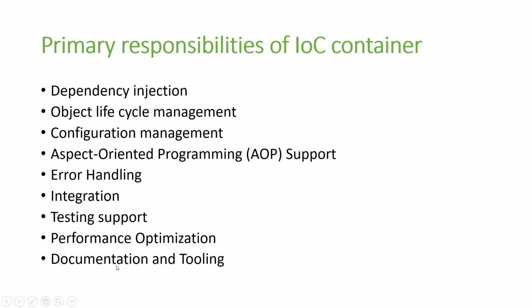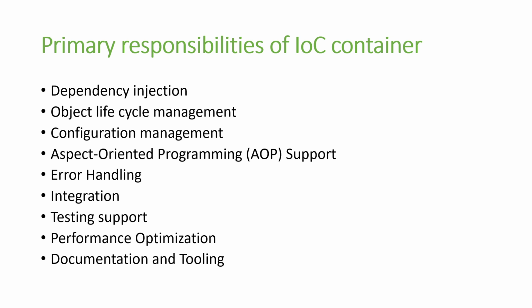Okay, and documentation and tooling. Documentation also it has to provide, because without the documentation, how can a developer configure the objects, so that it tells the container, right, create this object first, then please inject that dependency into this object? Some kind of configuration we have to provide, right? The documentation we need, right? How an IoC container understands the configuration.